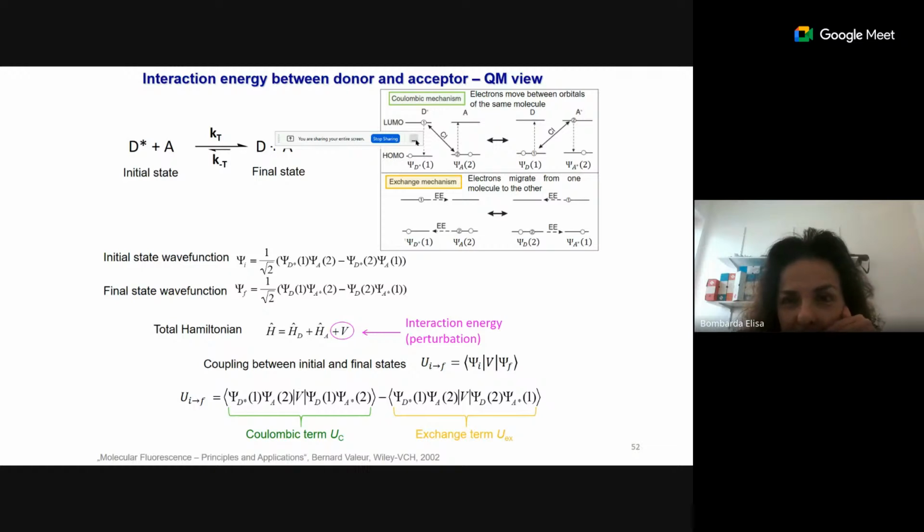So you have the electron that is in the excited state here that goes down, and due to this resonance, the electron that is in the ground state of the acceptor goes to the excited state. You see, follow the 1 and the 2, which is expressed here.